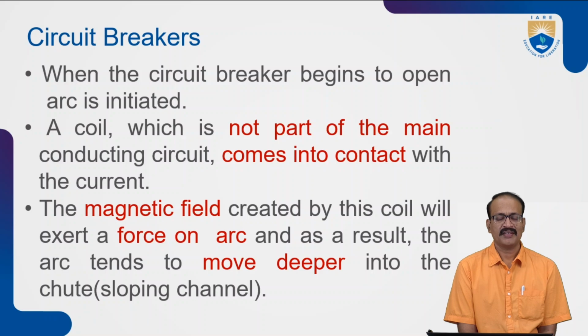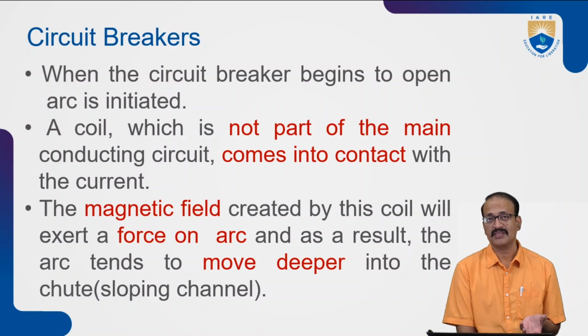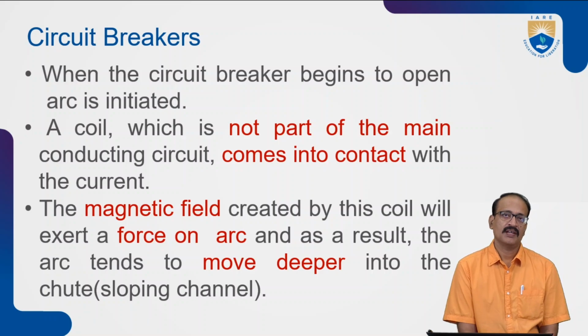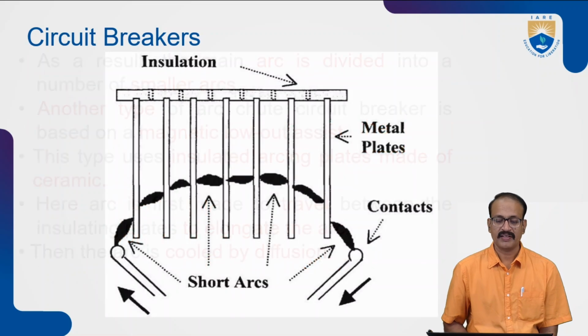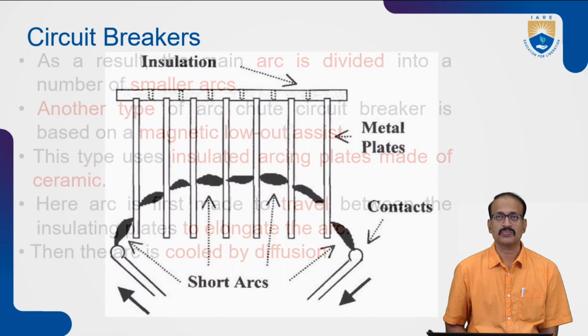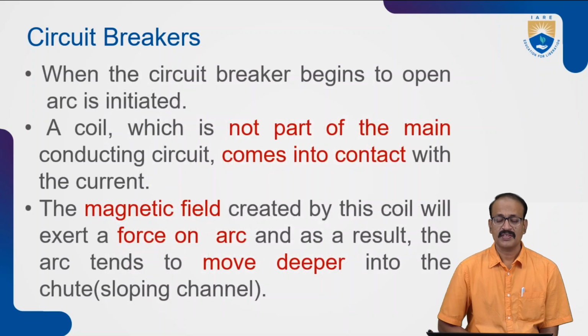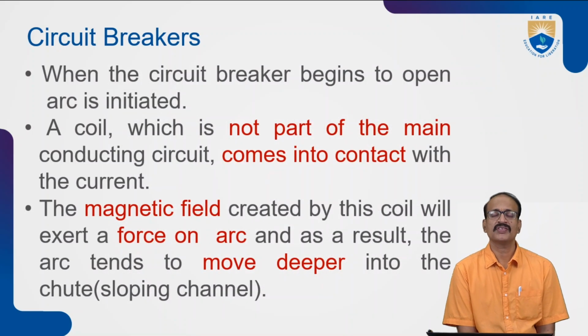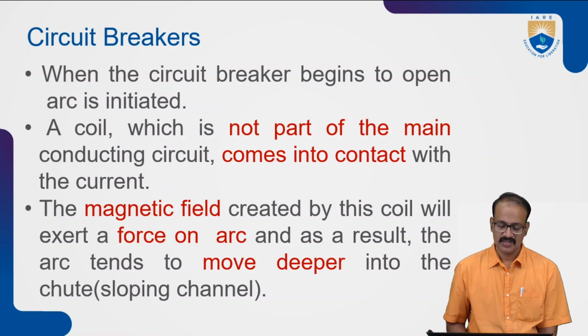The purpose of this coil is to create a magnetic field, which will force the arc to move deeper into the chute. That's why we call it the arc chute. Okay, so this magnetic coil will force this arc to move deeper into the chute.